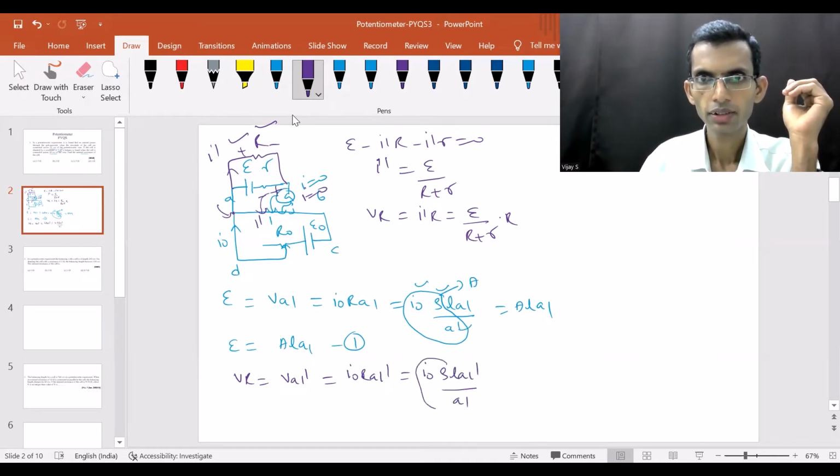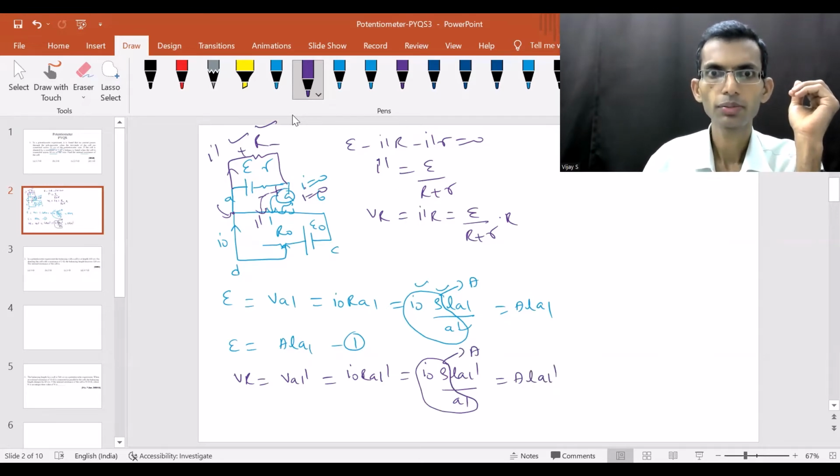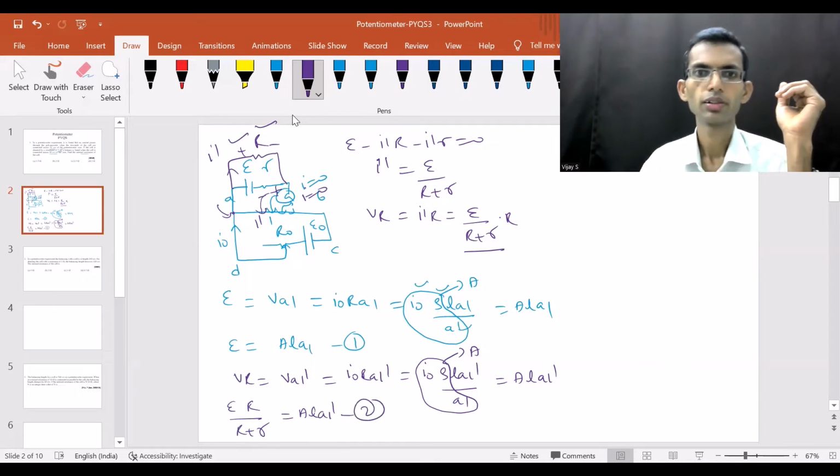Here we assigned I0 rho by A dash as A. So which is equal to A into LA1 dash. So what we got? VR we got as you can see here. So that is ER by R plus R is equal to A into LA1 dash. Let us take this as equation 2.